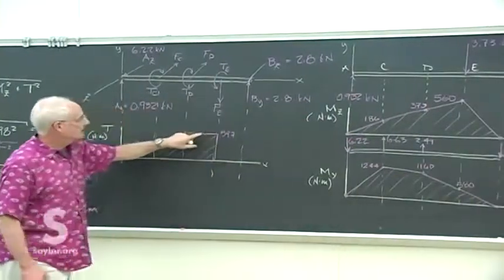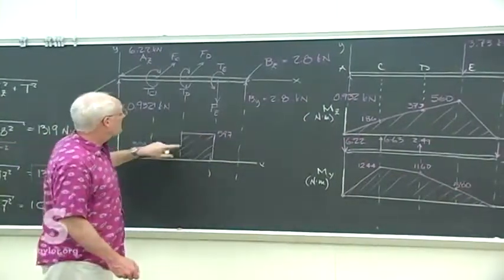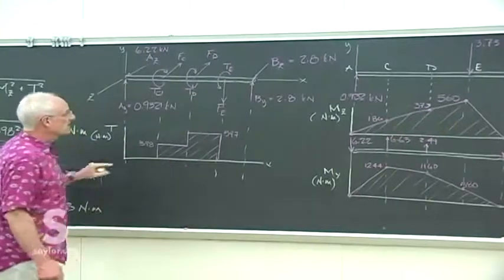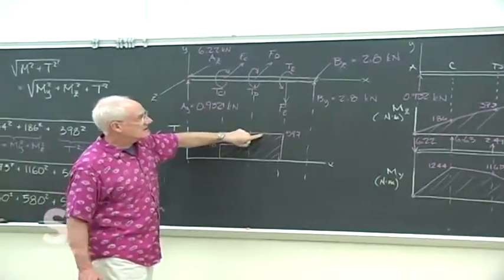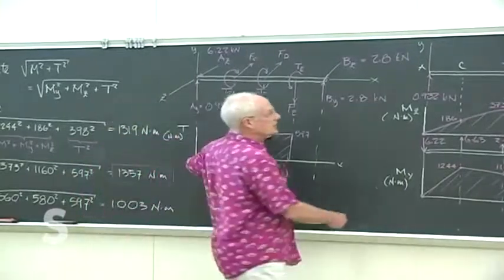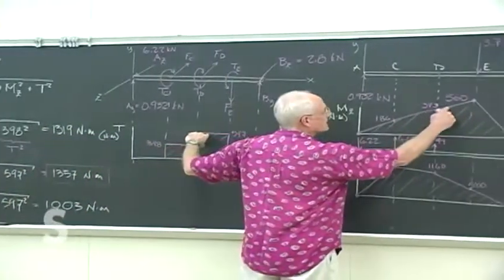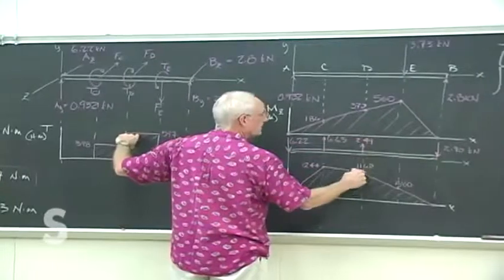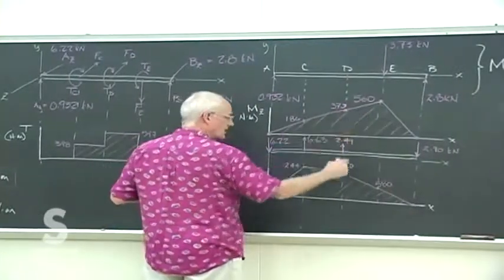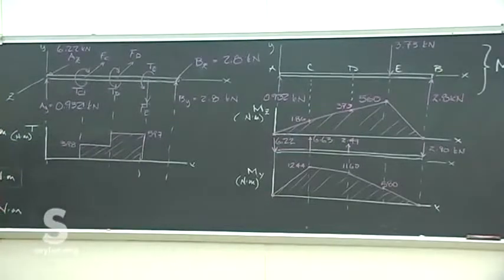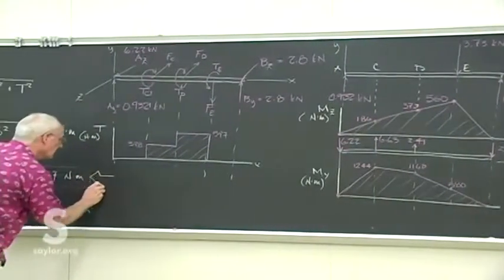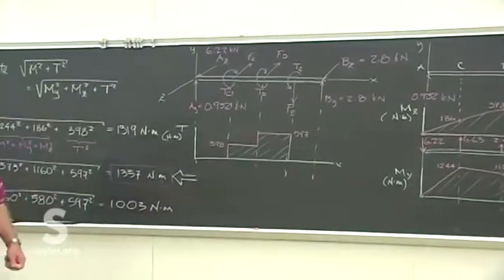If we go to the left of gear E, gear D is our worst one. If we go to the right of gear D, we have the highest torsion, and as we go to the right, MZ increases, but MY starts to decrease a little bit. So we have to look into all of those possibilities, but this certainly looks like the worst case.